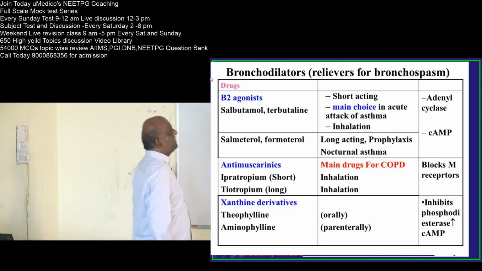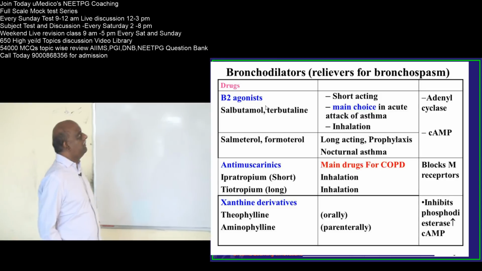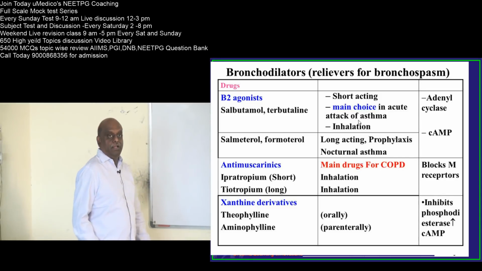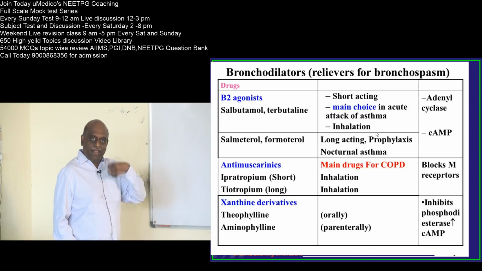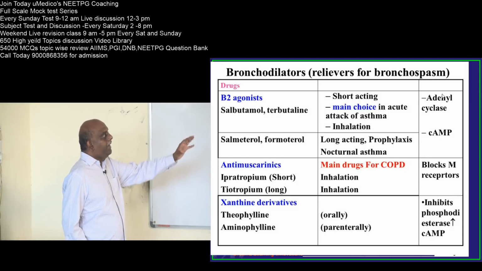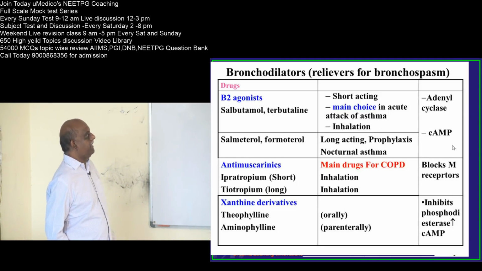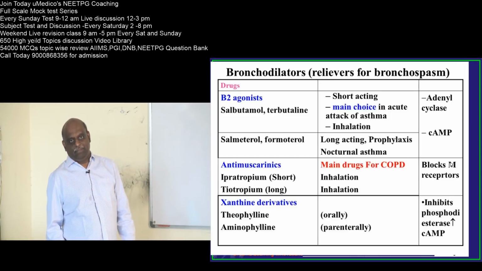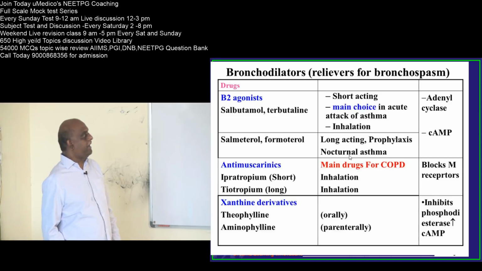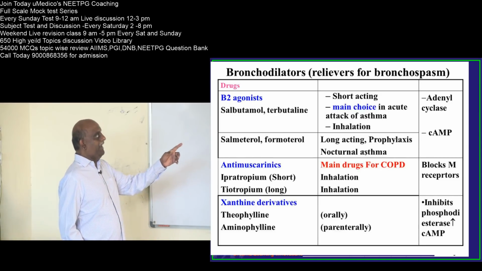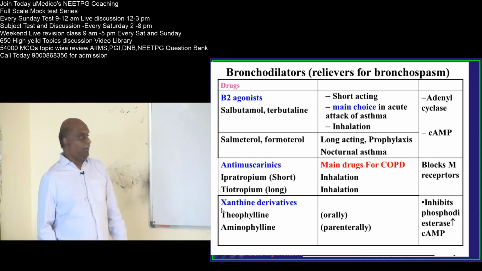So, salbutamol, terbutaline are typically short acting. Acute attack of asthma, they are the treatment of choice. They are taken inhalationally also, and they act on adenylate cyclase and increase cyclic AMP. Salmeterol, formoterol are long acting, so can be given for prophylaxis of nocturnal asthma.